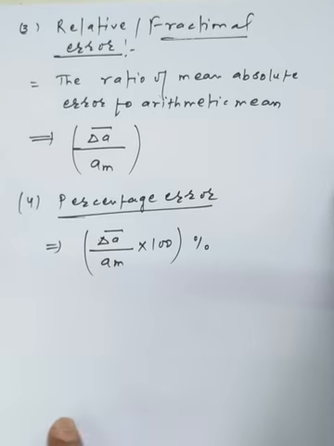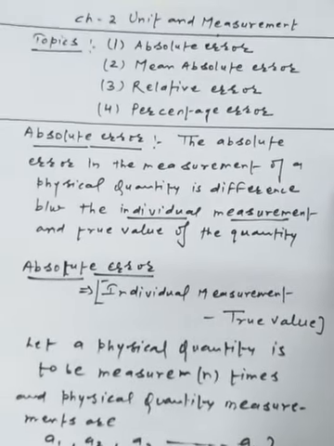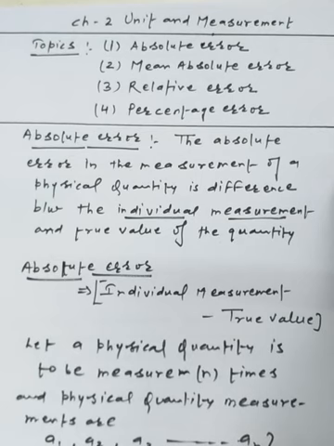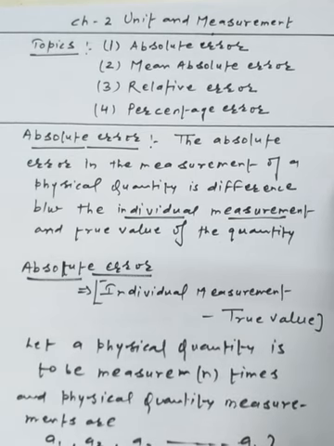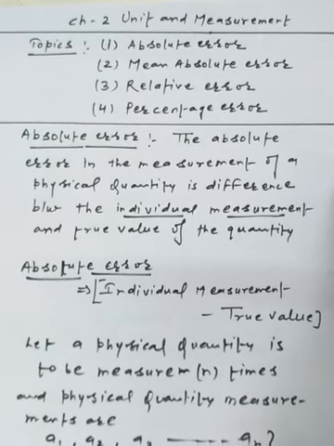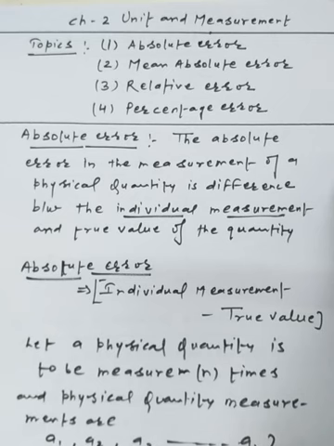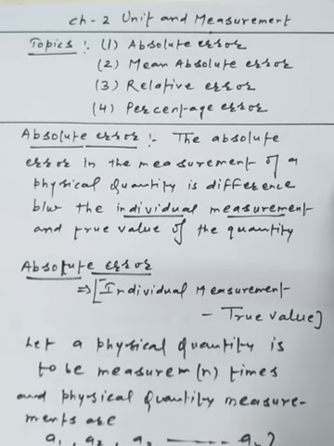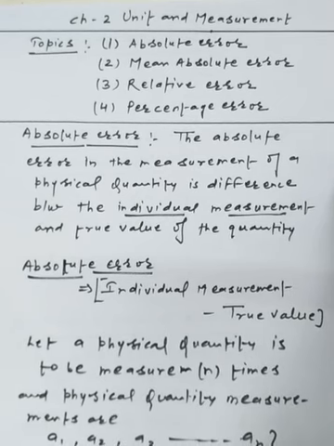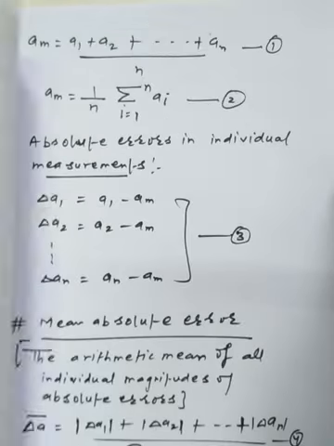So the four basic formulas we have discussed here. Further I am repeating the same. First we have discussed the absolute error. Generally the difference between the individual measurement and the true value is called the absolute error. So somehow we get a number of observations of a physical quantity, and we don't have the actual value, so we take the arithmetic mean.